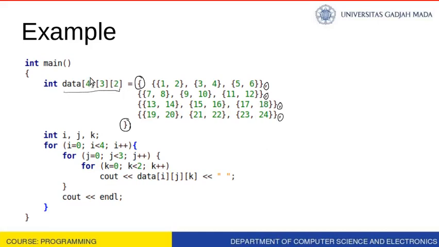So I will have 4 as the size for the first dimension. And then if you want to see the size of the second dimension, then you just see how many commas are inside of the second dimension. So you can see here that you have 1, 2. So you have 3 elements inside of it. I'm sorry, I think I made a mistake, this comma is not necessary. Okay, so it's still 4.